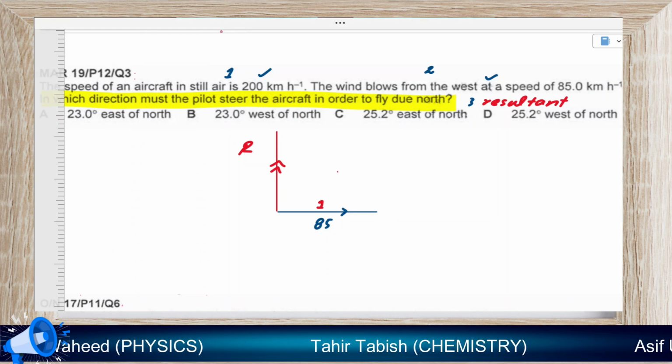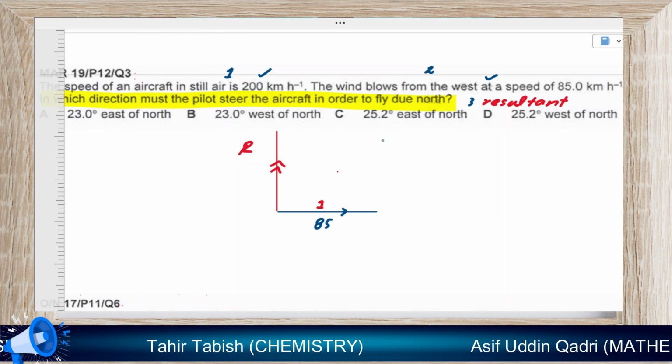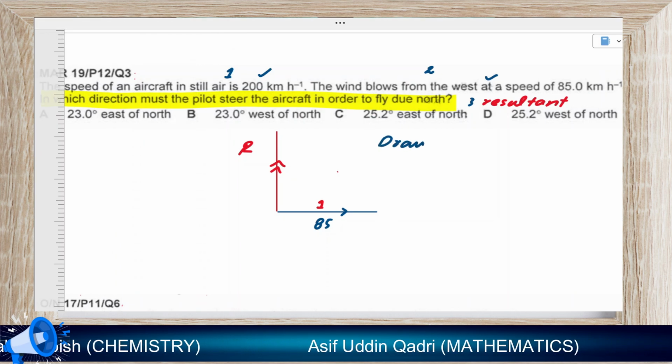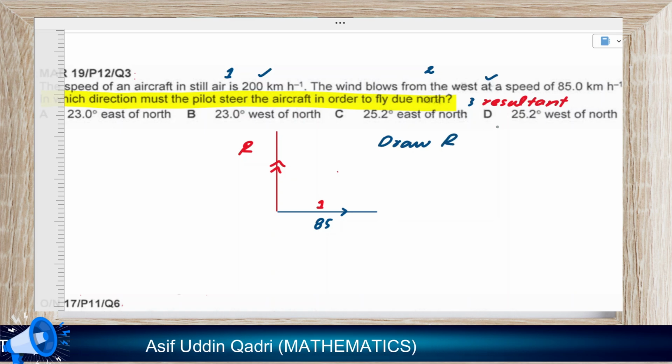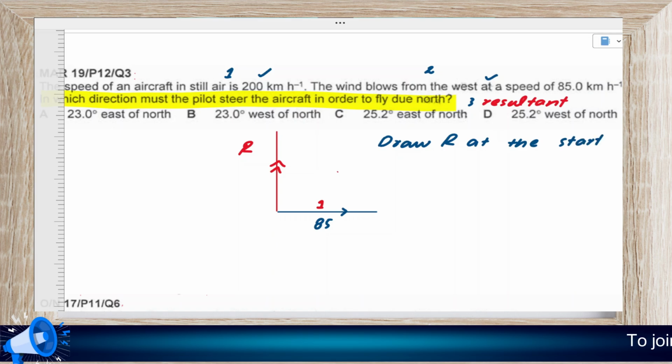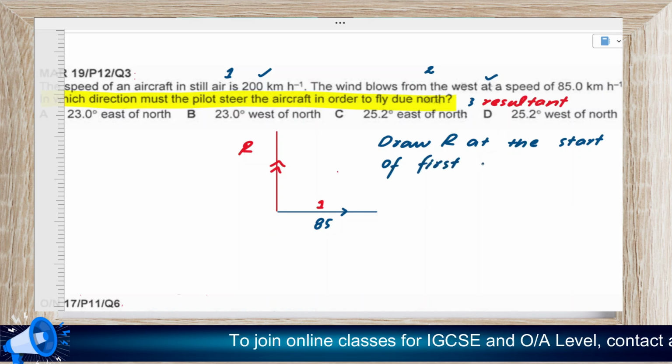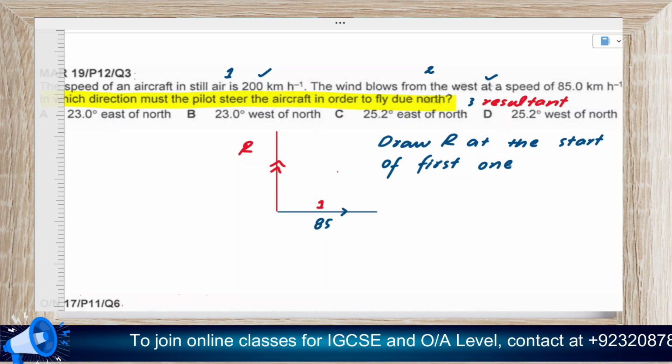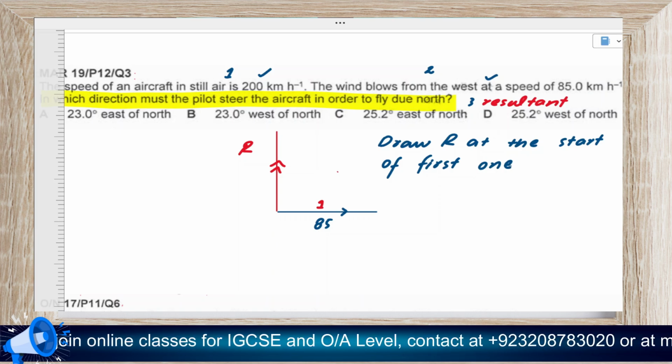You can write over here: draw resultant vector at the start of the first one. Start means tail, at the tail of the first one, not at the end. Keep it in your mind.